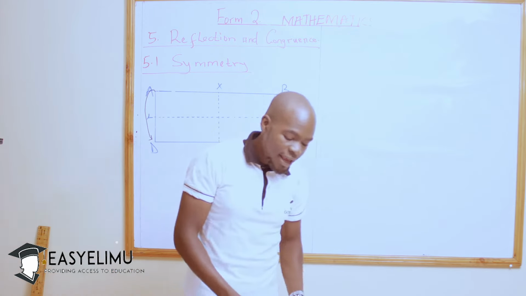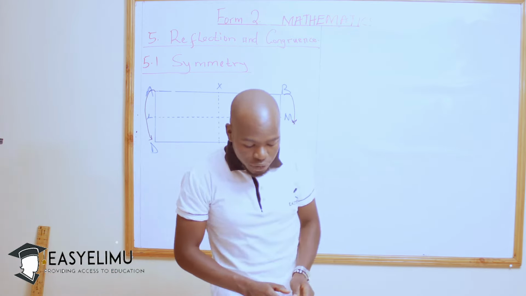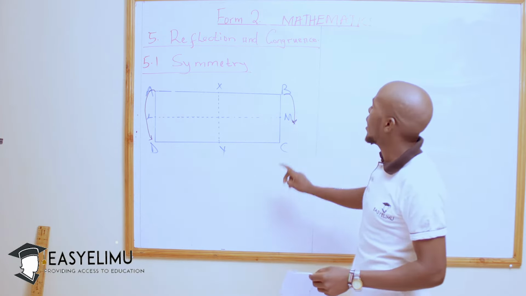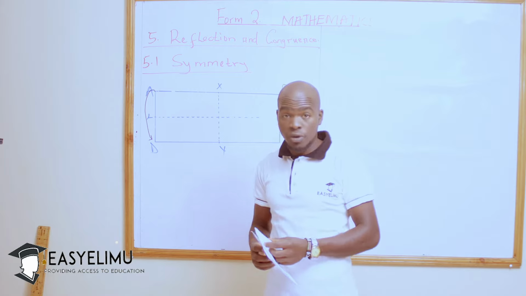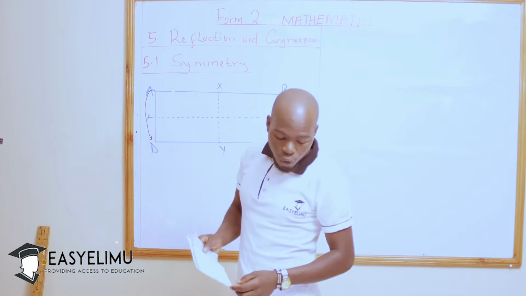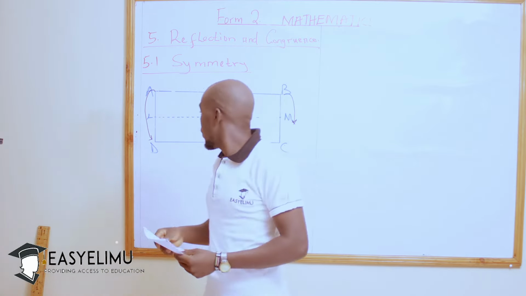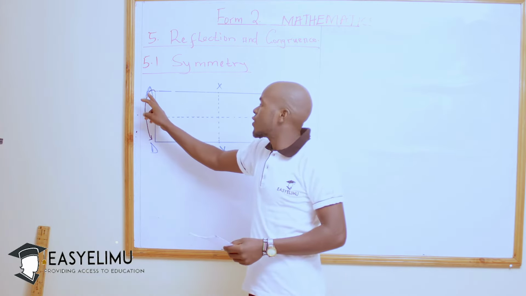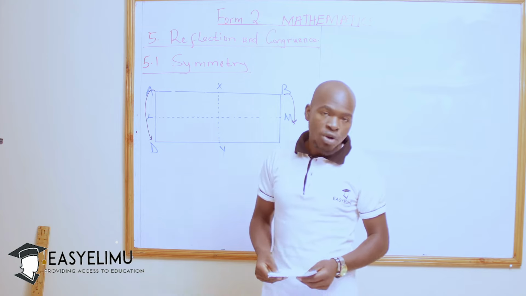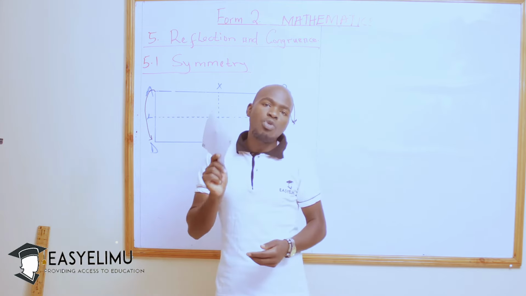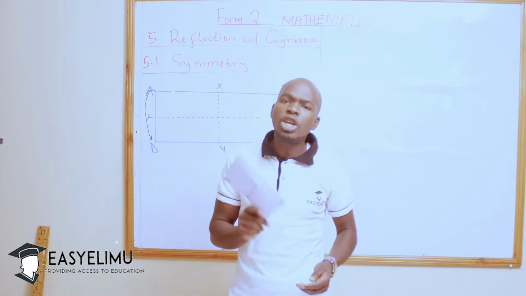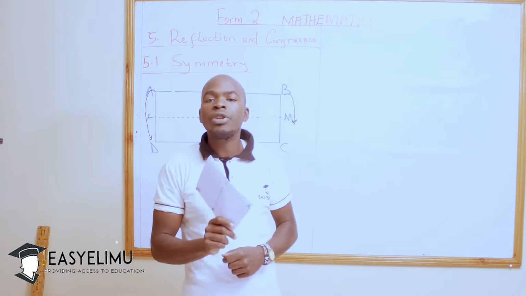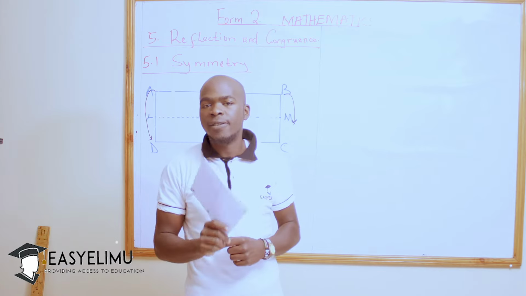With that we can say the lines of fold, which are XY and also line LM, we refer to them as lines of fold. And a line which divides a plane, as we have here, this was our plane in the form of a rectangle, into two equal parts, we refer to that line as a line of symmetry.